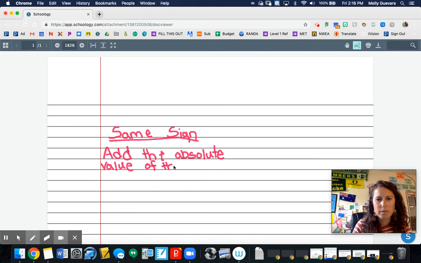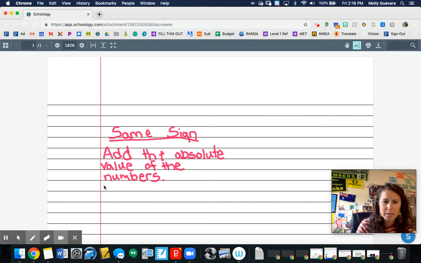So what this means is, if they're both positive, then I'm just going to go ahead and add them. It's not going to be anything super special here. Add the absolute value of the numbers.